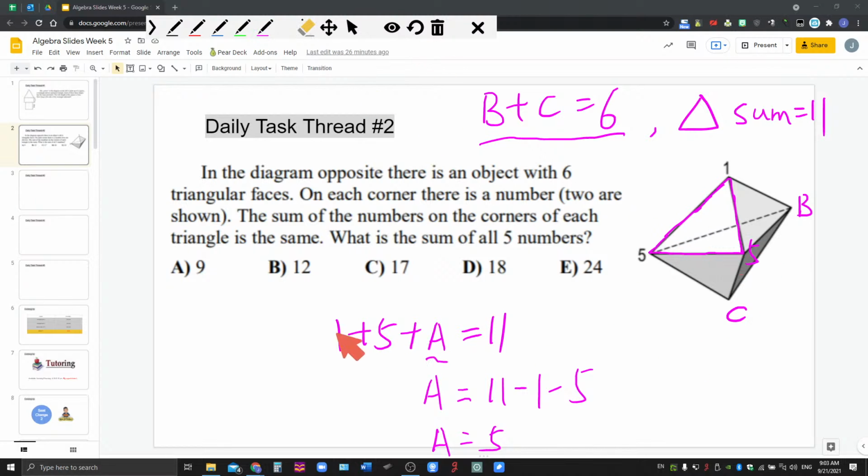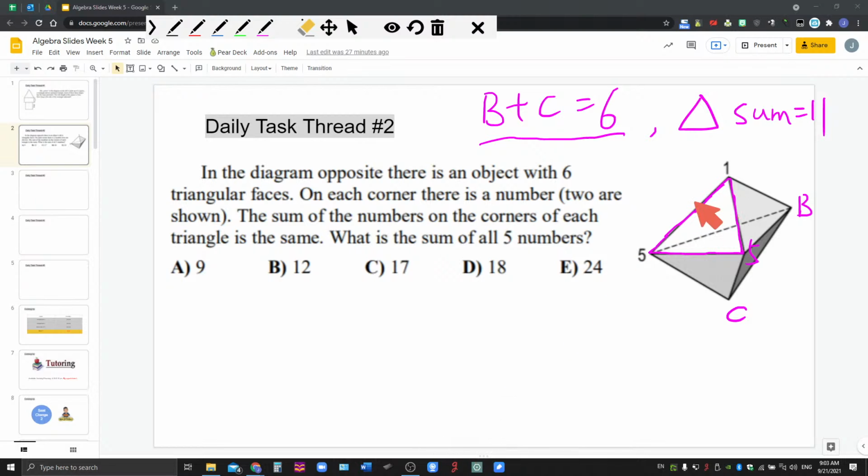We're almost there, right? Now, if we can find B and C, then we can answer the question. Which triangle will we use to find B and C? If we want to find C, you can use this triangle. So 5 plus C equals 11, and C equals 1. You will see it, C is 1.